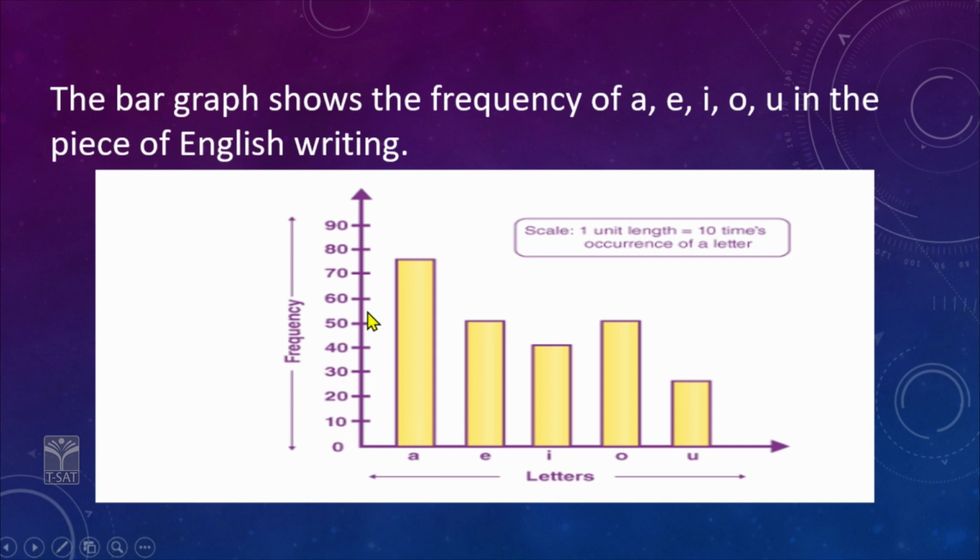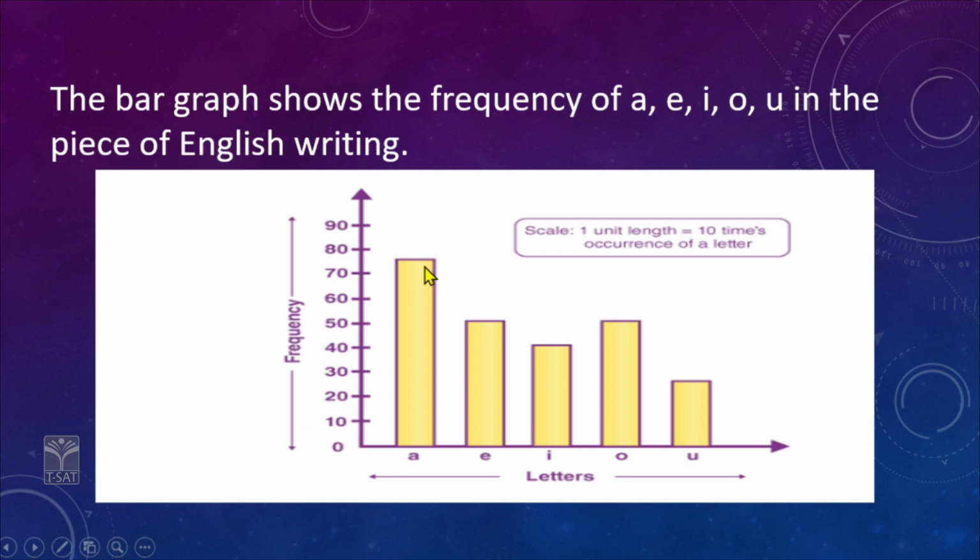See this: the bar graph shows the frequency of A, E, I, O, U. Here the letters A, E, I, O and U are given.